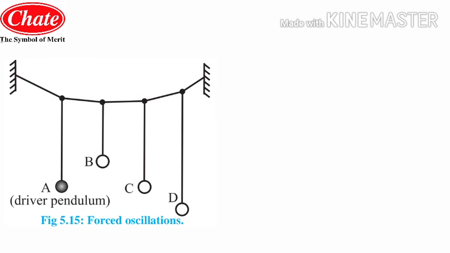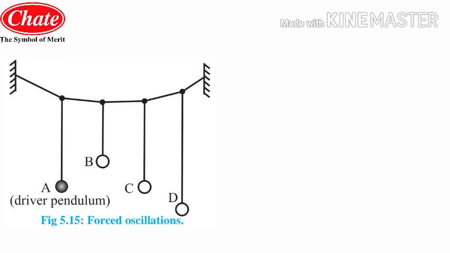Pendulum B has a higher natural frequency as it is shorter, and pendulum D has a lower natural frequency than that of A and C. Pendula A and C are of the same length, as you can see in the diagram. Pendulum B has a higher natural frequency because it is shorter in length, and pendulum D has a lower natural frequency as it is longer in length.